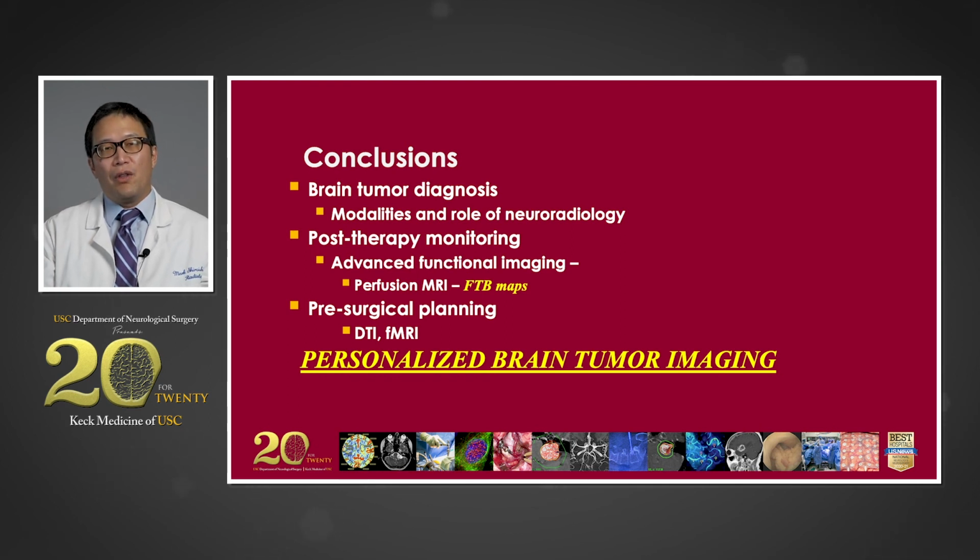These are all an effort in order to personalize the brain tumor imaging for each patient and not treat all brain tumor patients as if they're one sort of monolith.